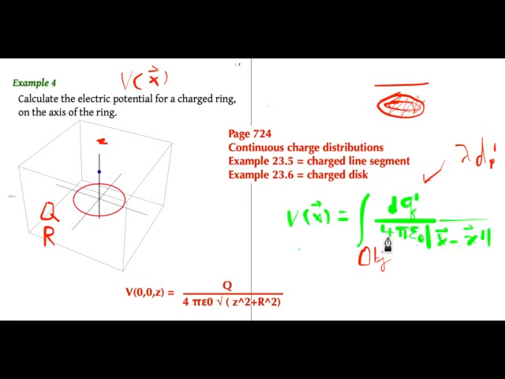So I just have in the denominator 4 pi epsilon 0 times the square root of r squared plus z squared. And then in the numerator, integral dq prime. Well, the integral dq prime around the ring is just the total charge of the ring. So here's the answer. It's q over 4 pi epsilon 0 times the square root of z squared plus r squared.